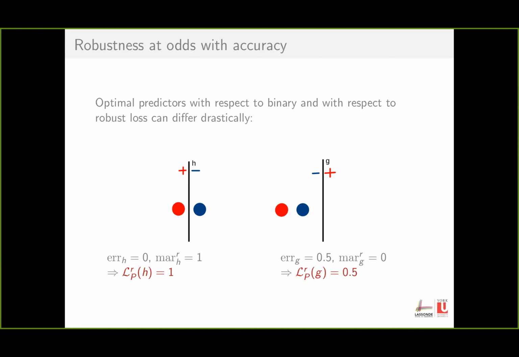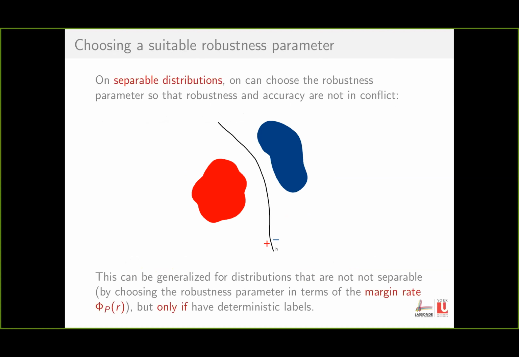Right, so if we choose the robustness parameter a little bit too large, then the optimal classifier with respect to the adversarial loss is not doing what we would want it to do in terms of classification correctness.